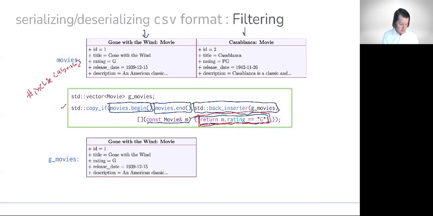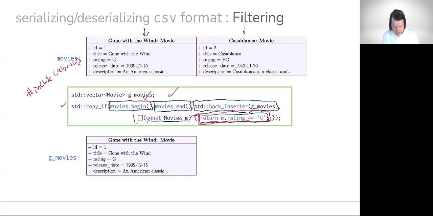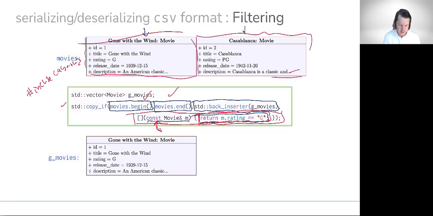So from the first movie through the end movie, I'm going to specify some criteria using this weird syntax, which essentially says for each movie in that collection. So first time through, Gone with the Wind gets bound there. Second time through, Casablanca is bound to m. We return some sort of conditional. If that condition evaluates to true, we can insert that object into this new vector. And that's how this is kind of working.